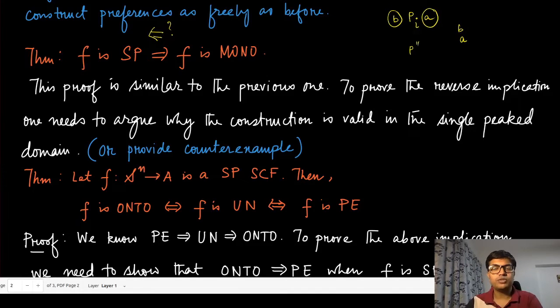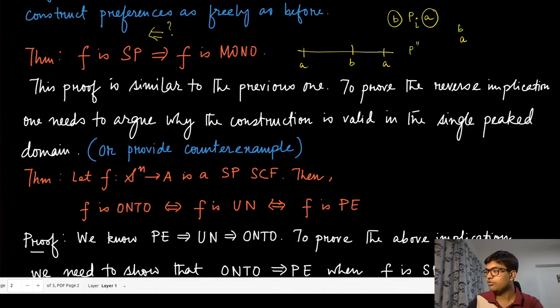And this was possible in the unrestricted domain in the Gibbard-Satterthwaite setting, but in single-peaked preferences, you can imagine that B could be somewhere here and A can be anywhere else. So A can be here or here, based on what is their relative position in this total ordering. Remember that this common ordering you cannot alter in single peak.